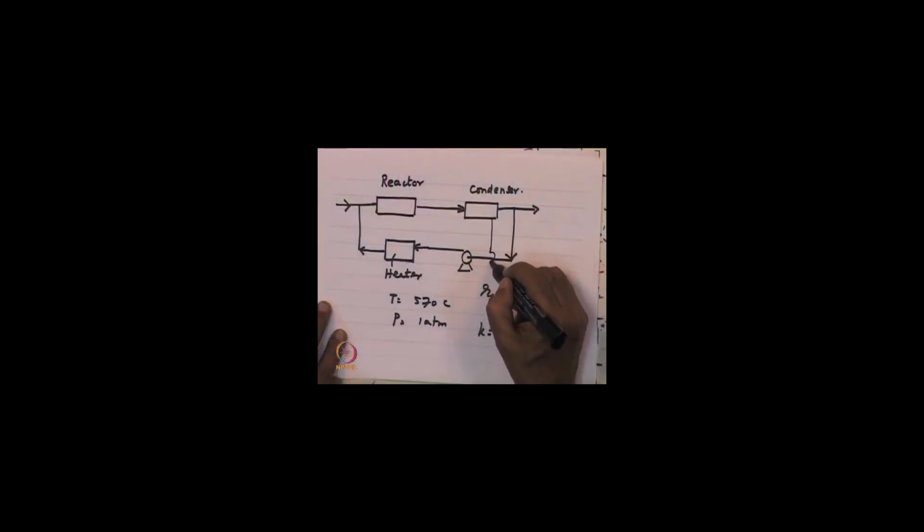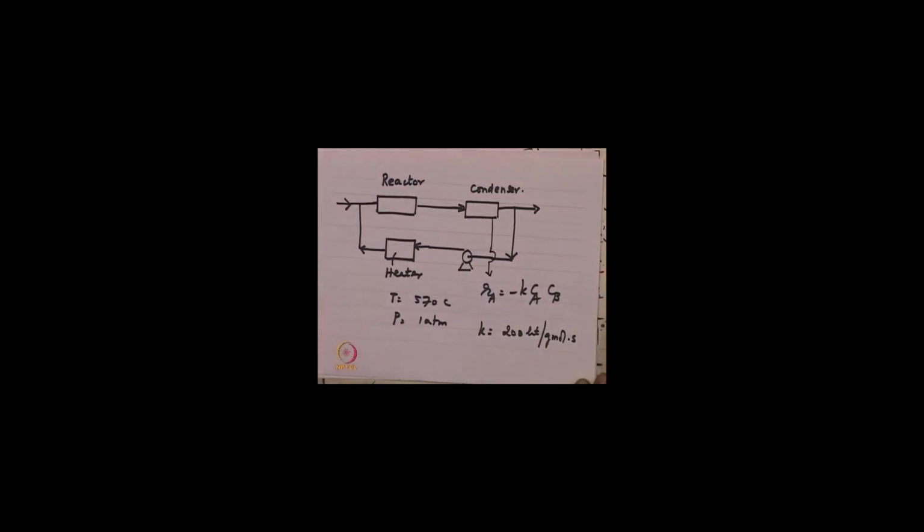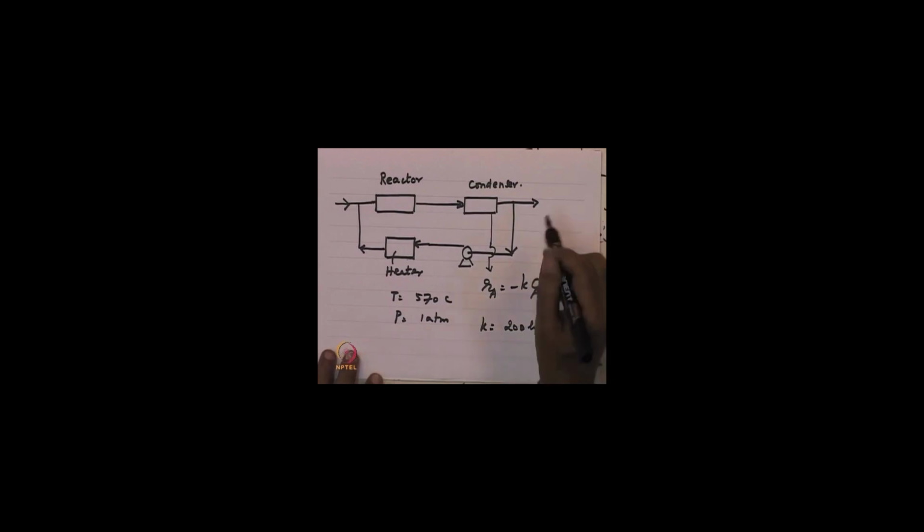Now, what we want to do is to recognize the reaction A plus B going to C, where C is a condensable gas, and the reaction rate constant is 200 liters per gram mole second.